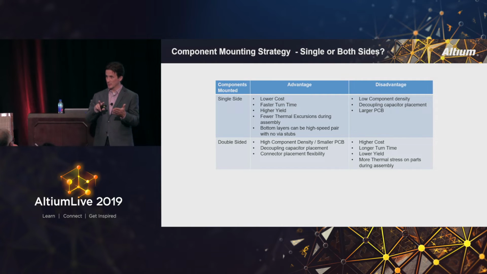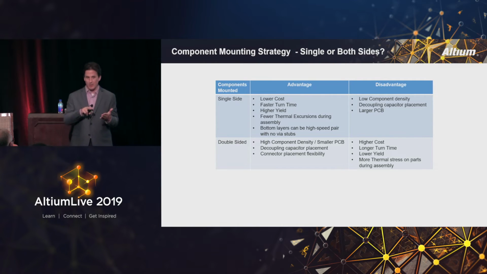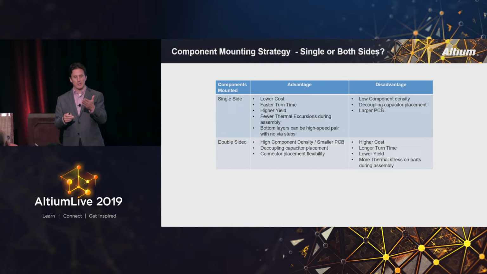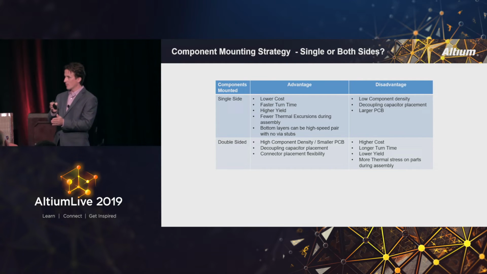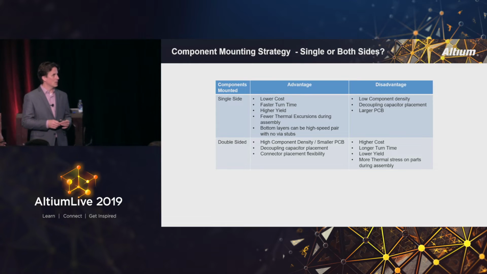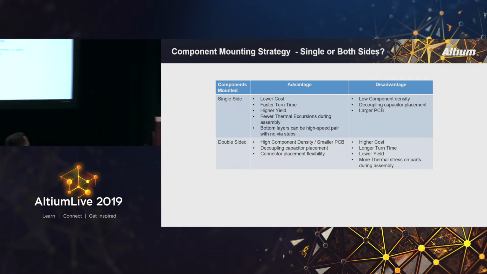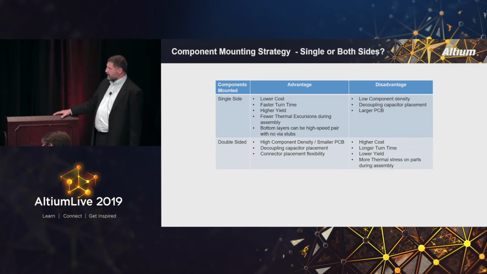Now you have to couple those reference planes together, because you're going to have a reference plane transition when you do that. But essentially, I can go from one to my bottom layer and get a via without a stub for that high-speed signal. And having that side of the board free of components allows you to route them in a way that's going to let you route that.